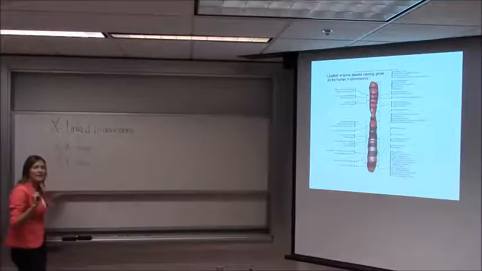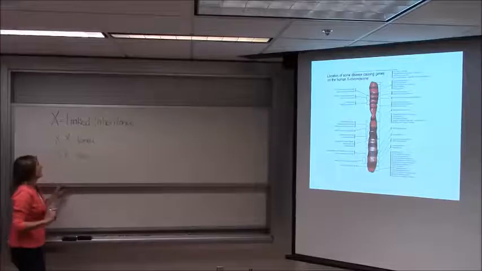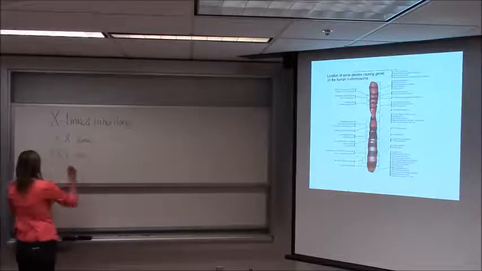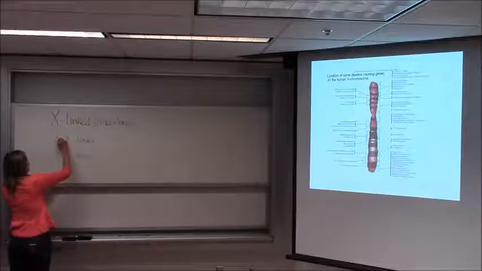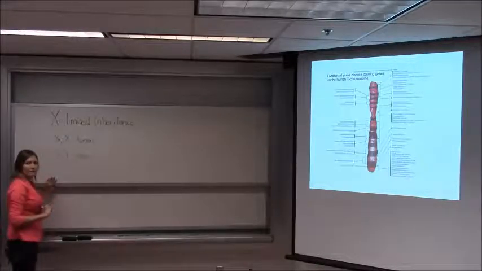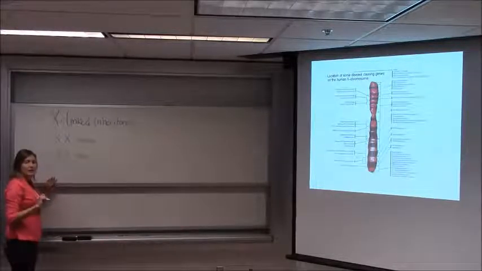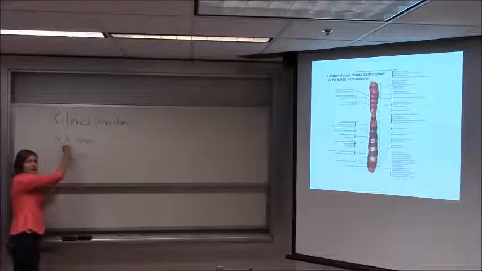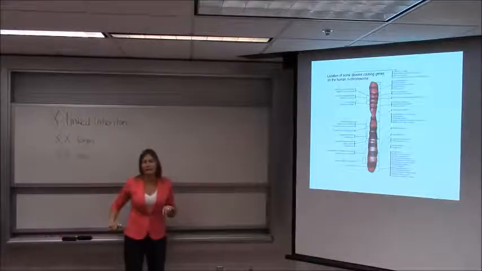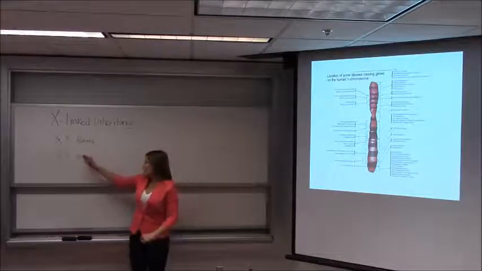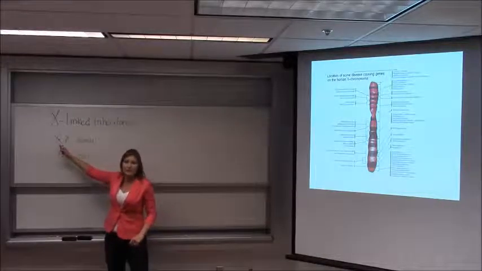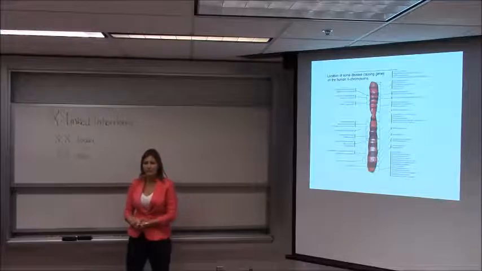But here's the big difference. If females have a defective gene on one of their X's, it's not necessarily a bad thing for that female. If she has a normal copy of the recipe, she can still make that protein correctly and can probably make enough correct protein to overcome the fact that she has a defective protein.